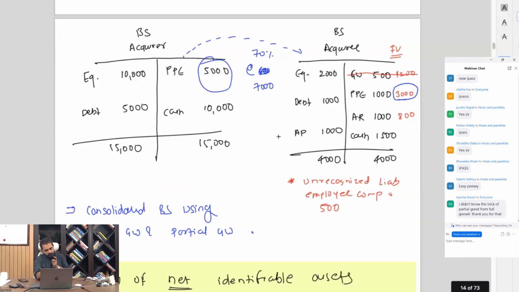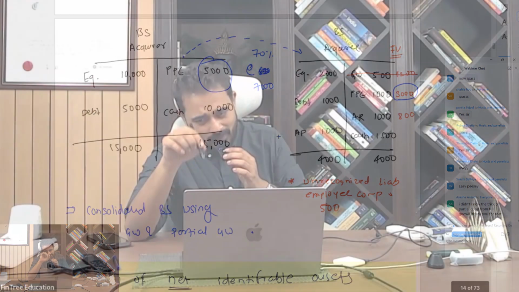Is this full consolidation or partial consolidation? My question is, like, how we have full goodwill, partial goodwill? In one case, we are adding the whole of goodwill of the company. In one case, we are adding only 70% of the goodwill. When I add other assets, should I add 70% of 3,000 or the 100% of 3,000? 100%. So for all other assets, we are always using the full method. Only for goodwill under IFRS do we use partial goodwill.